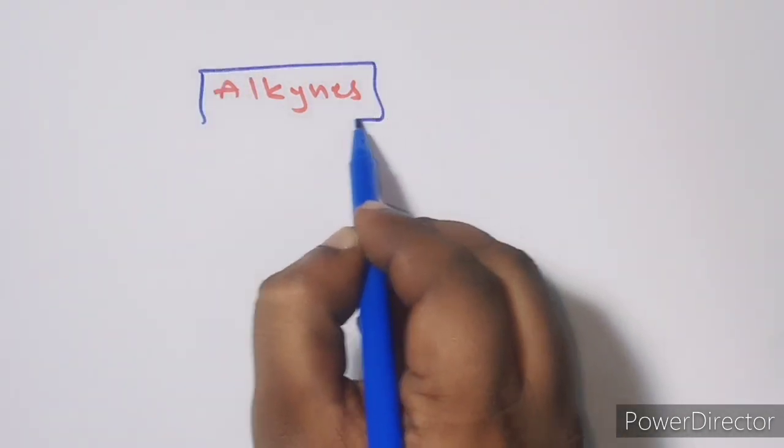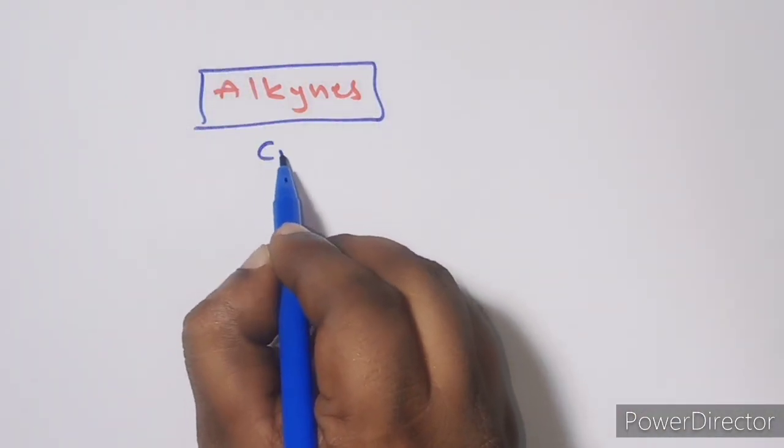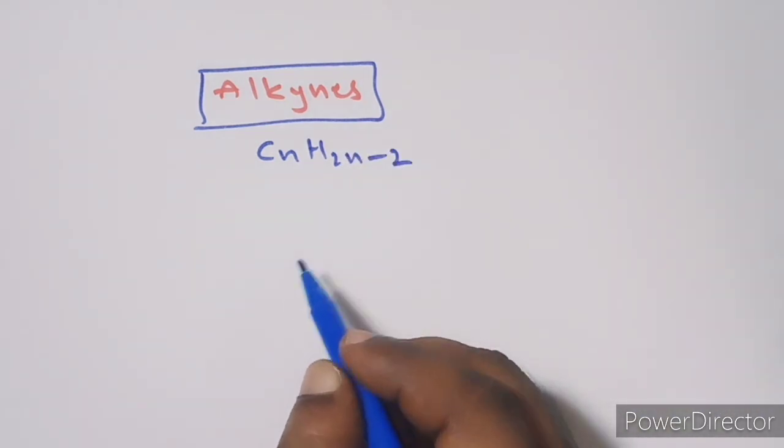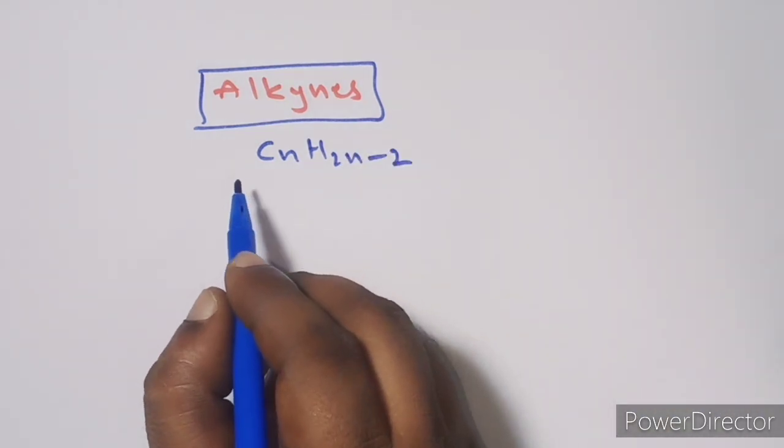Let us see the possible isomers of alkynes. What is the general formula of alkyne? CnH2n minus 2. With this formula, what are the possible compounds we can write?